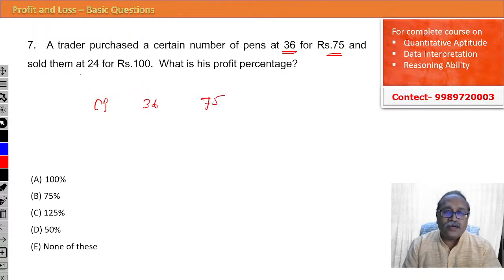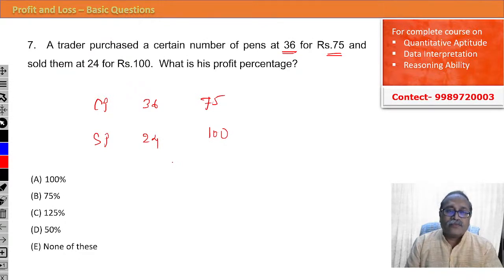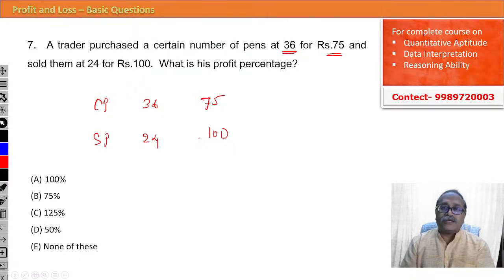Next, he sold it, that SP का जो रेट है वो 24 for ₹100. Then what is the overall profit or loss percentage? What is overall profit or लॉस परसेंटेज?